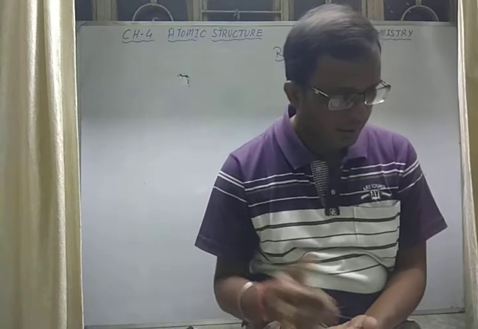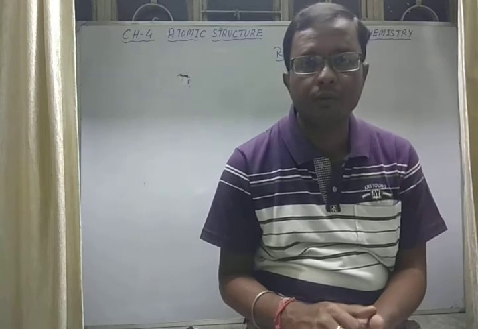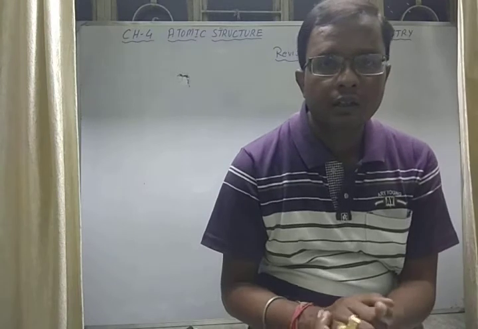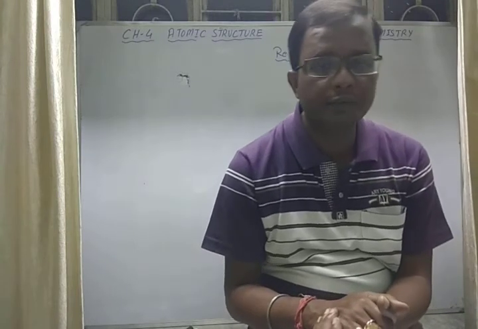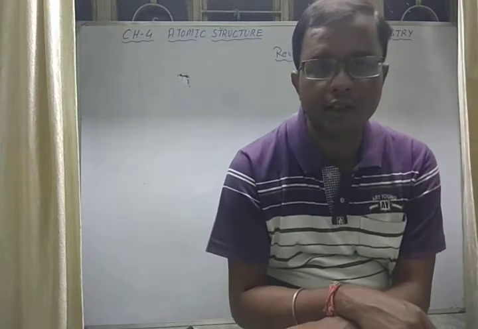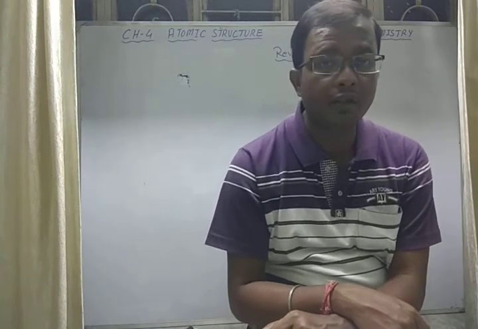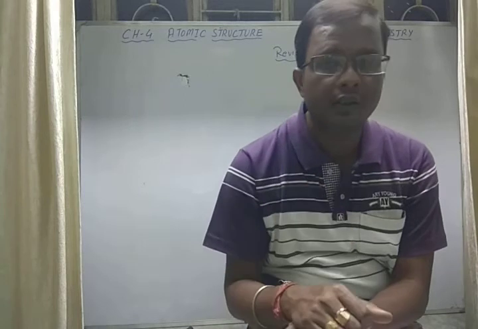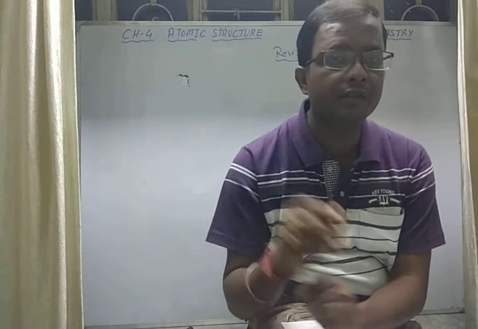After the discovery of the proton, electron and nucleus, Rutherford thought that if the total mass of an atom is concentrated inside the nucleus, then what is there inside the nucleus with the protons that completes the mass? Because the mass of an atom is nearly double the mass of the protons.